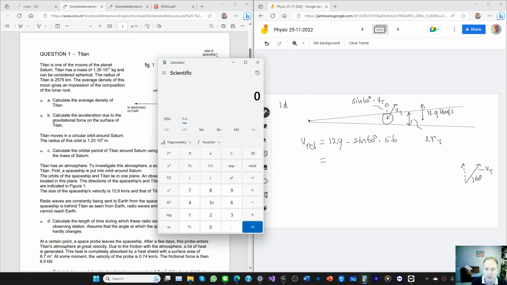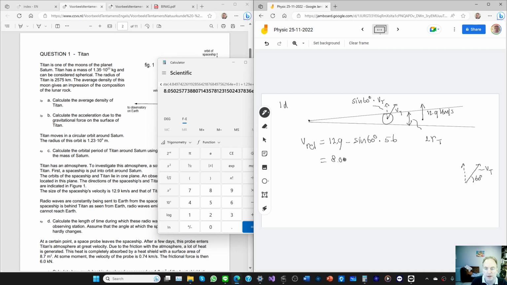That's 8.05 kilometer per second. And the distance that has to be traversed is twice the radius.